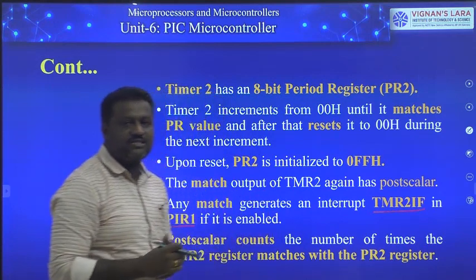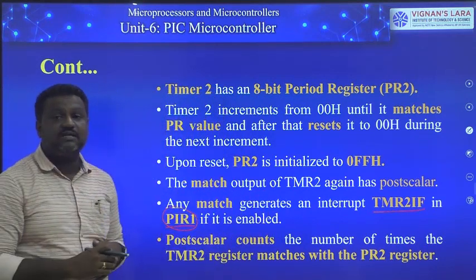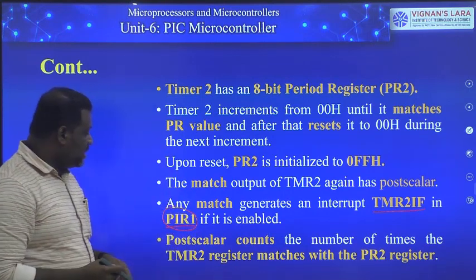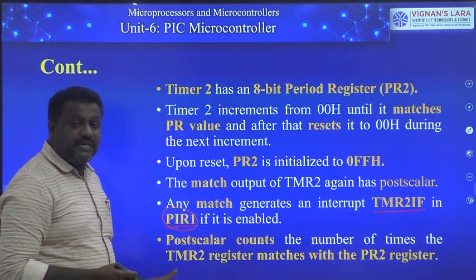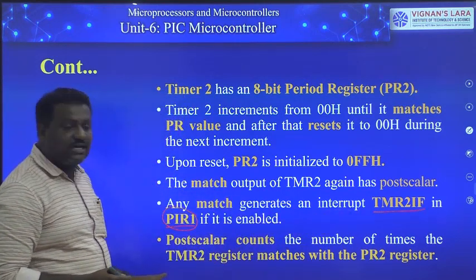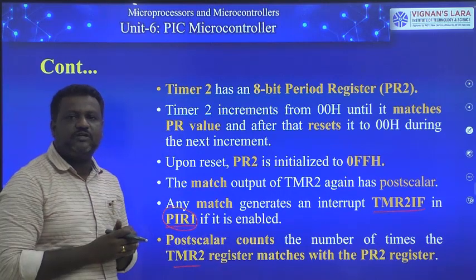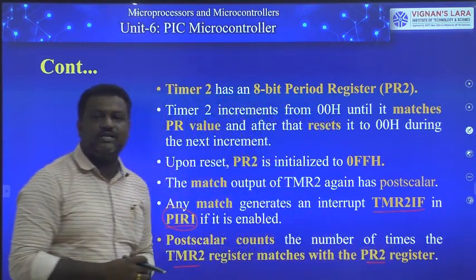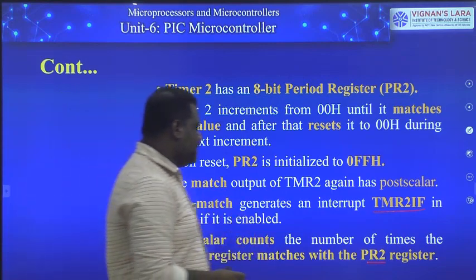That bit is present in the PIR1 register, the peripheral interrupt request register 1, and the postscaler counts the number of times the period register value matches the timer 2 value. So the timer 2 register is one of the inputs for the comparator, and the other input is the PR2 register value. Once both match, it produces the equality condition.